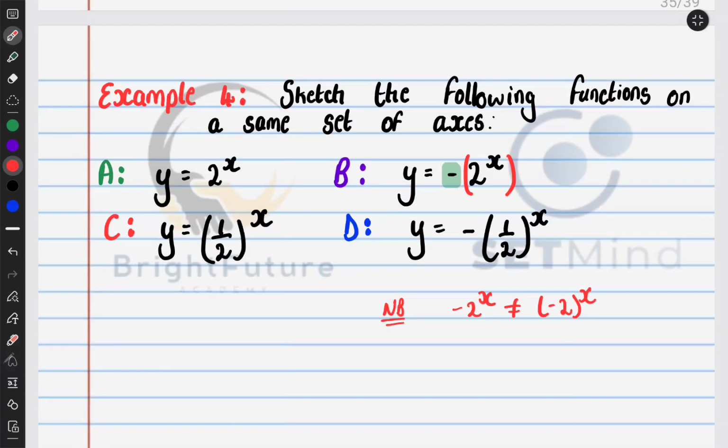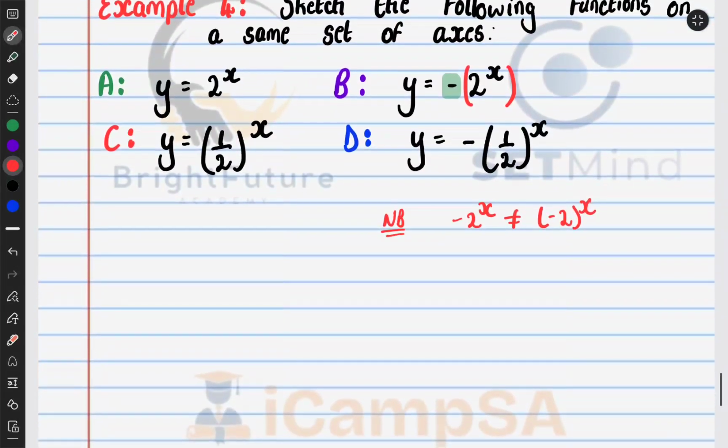When you are dealing with even powers, you will have -2 multiplied by -2, which would give us a positive number. So always be careful to put the negative sign outside of the bracket, so that you can get correct values.